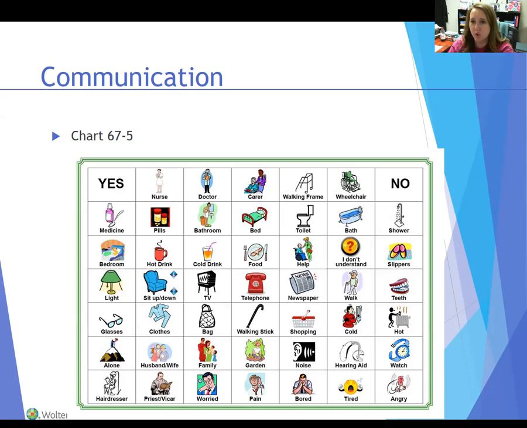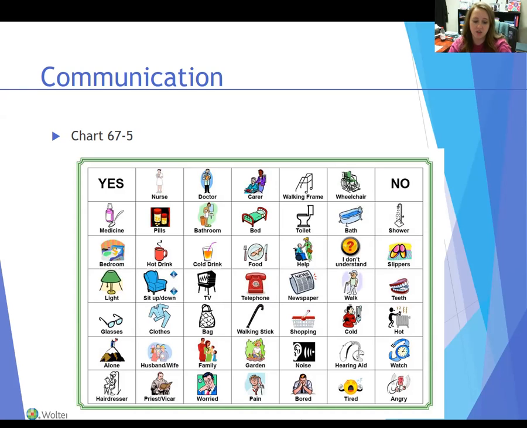So we can't ask them a question and then 2 seconds later, if they haven't answered us, expect them to come up with an answer. They're going to need time to process that. So give them a minute or two to think about what it was that you just asked them. You can use simple words and gestures.